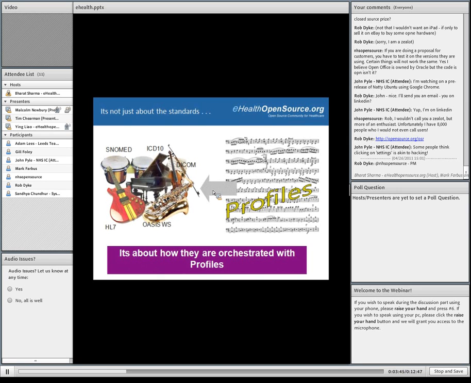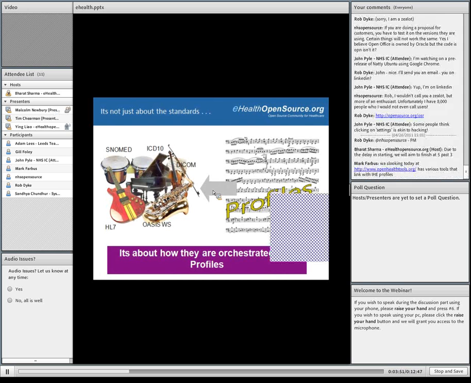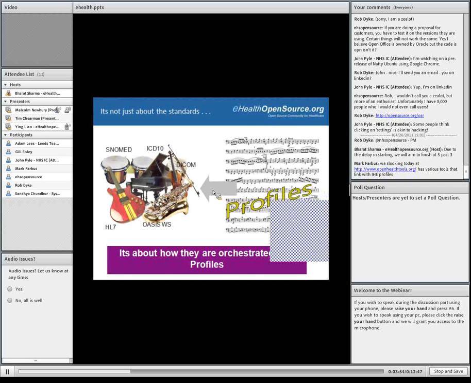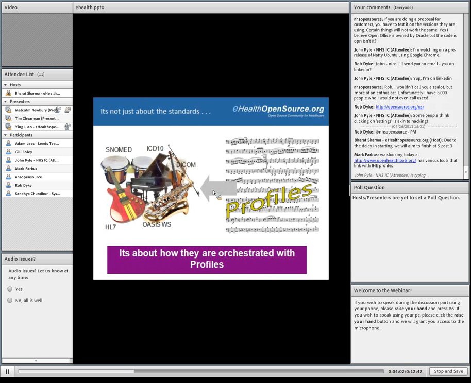Now, the profiles tell systems and IT developers which parts of the standard to use and what codes to use in particular data fields in what healthcare context. And that cuts across all of the available standards. So profiles really tell us how to orchestrate the standards to get them to do something useful, or to get the systems to do something useful with them.